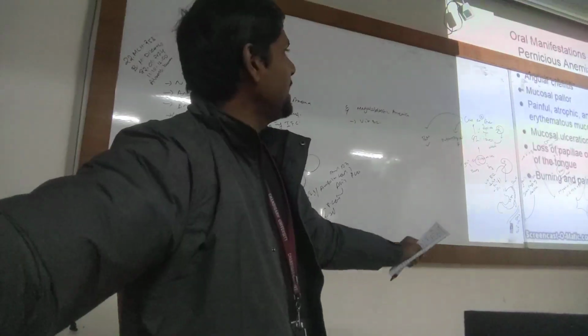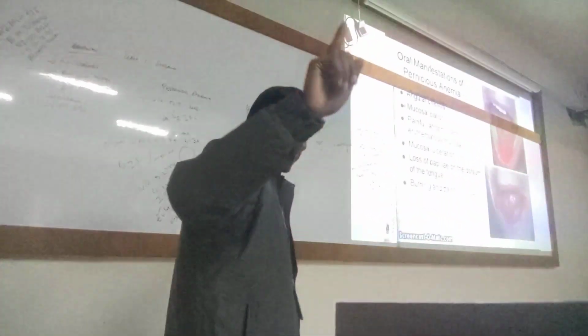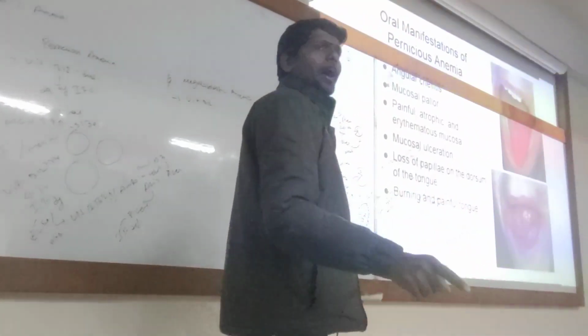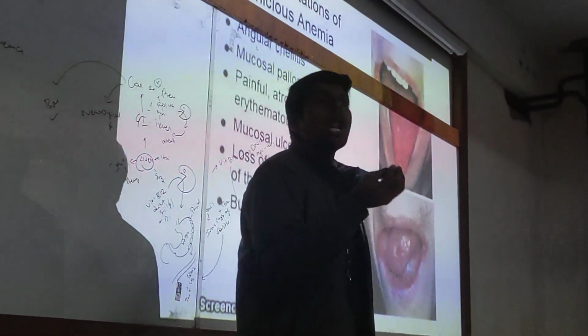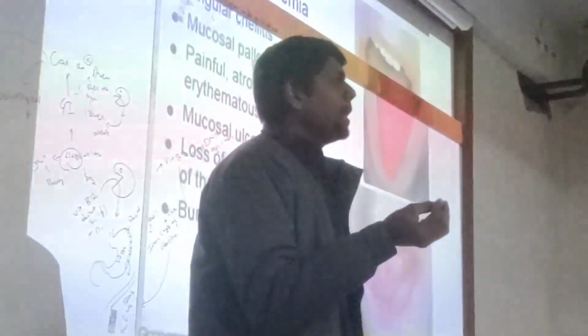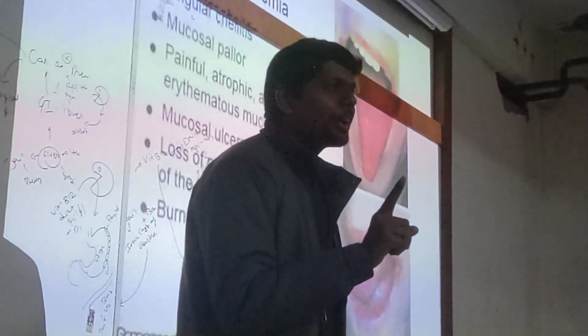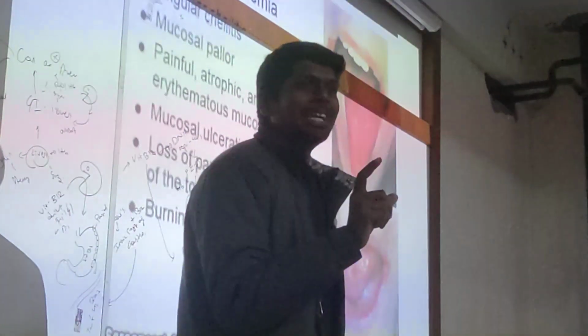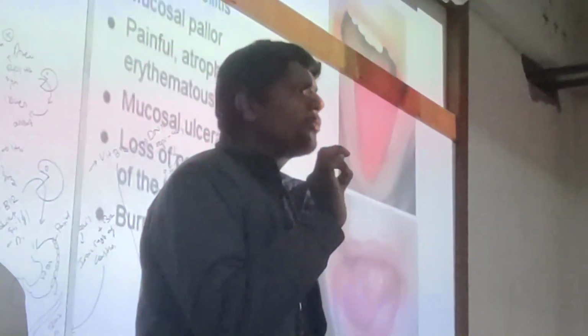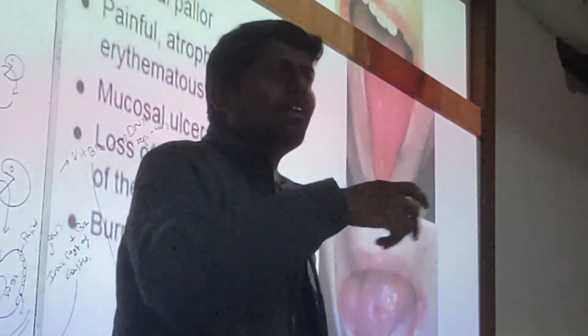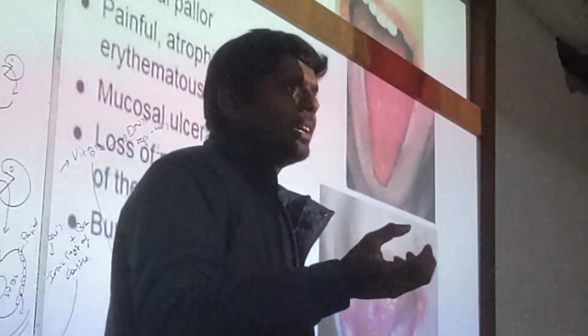One interesting sign of pernicious anemia will be pallor. Pallor means paling, spelled P-A-L-L-O-R. Pallor means paling of mucous membranes. Pale means diminishing of color.